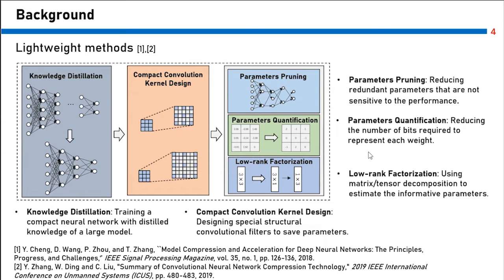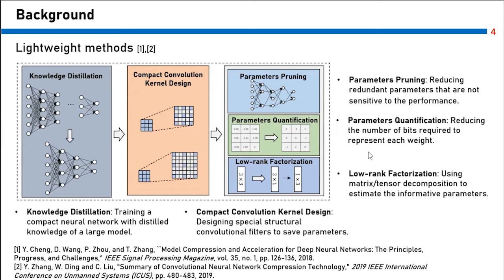Parameter pruning is to reduce redundant parameters that are not sensitive to the performance. Parameter quantization is to reduce the number of bits required to represent each weight. Low-rank factorization is to use tensor decomposition to estimate the informative parameters.